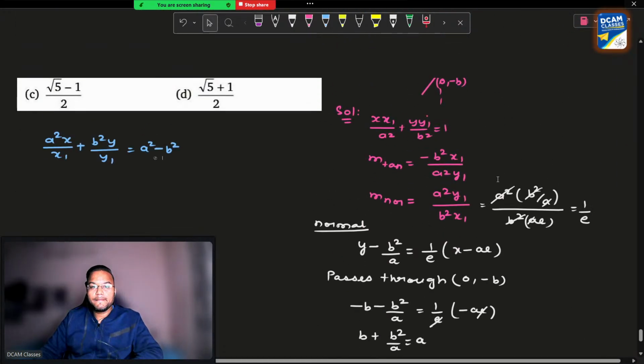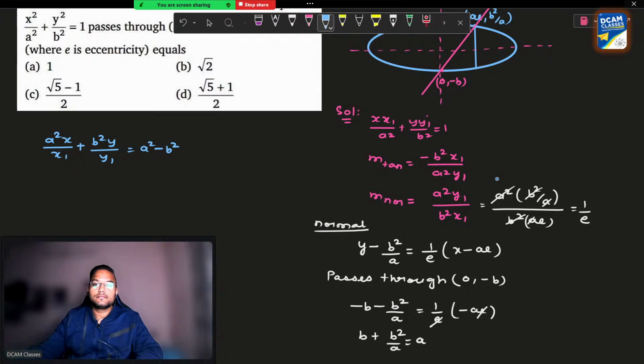So if I had used this direct formula, the normal equation, it would have made things quicker.